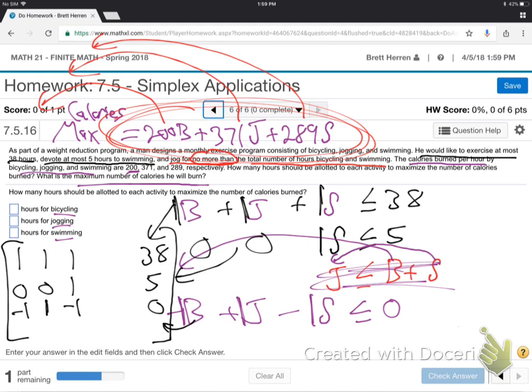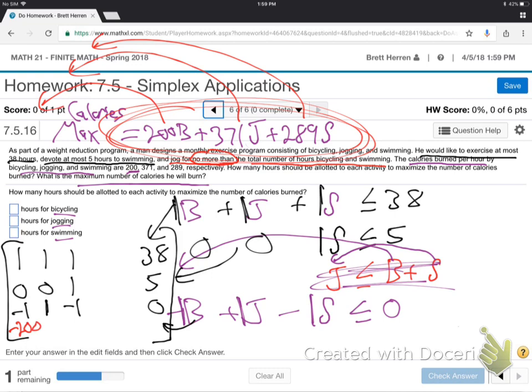Right? Because you always have to put the letters on the left. Same kind of thing, right? When you stick something in a matrix, you have to organize it correctly first, which means letters on the left, numbers on the right. So I've got to get that 200B, 371J, 289S on the left, not the right. So they become negative when they move over.